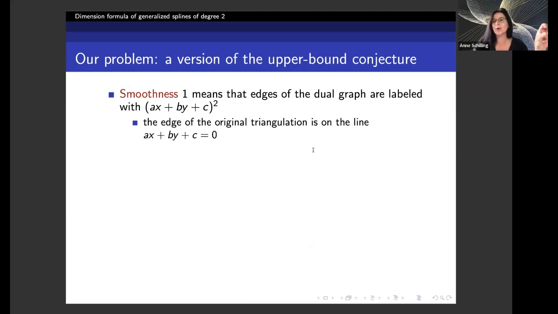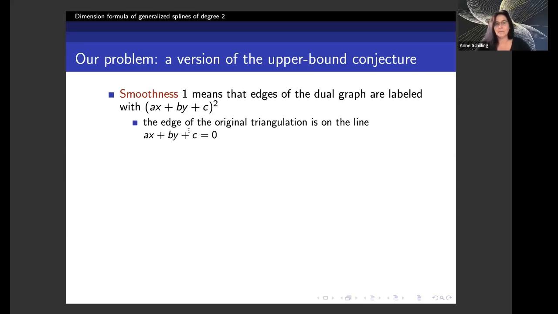So d equal to 2 means the degree of our polynomials is 2. If you unravel all the definitions, smoothness 1 means that in the dual graph, the setting that we are interested in, the edge labels are degree 2 polynomials of the form (ax + by + c) squared.